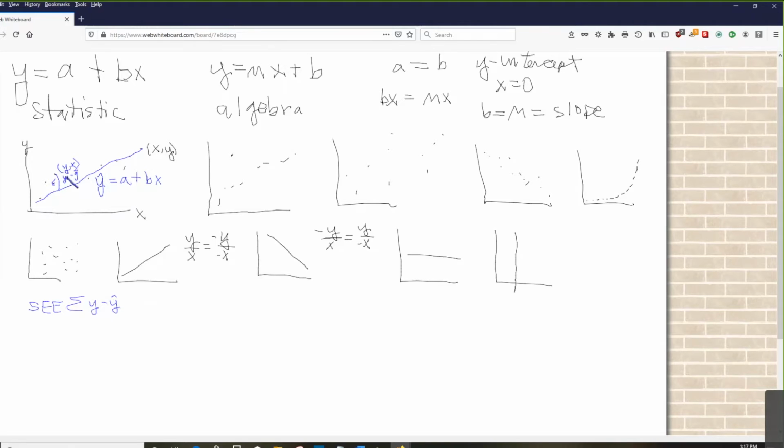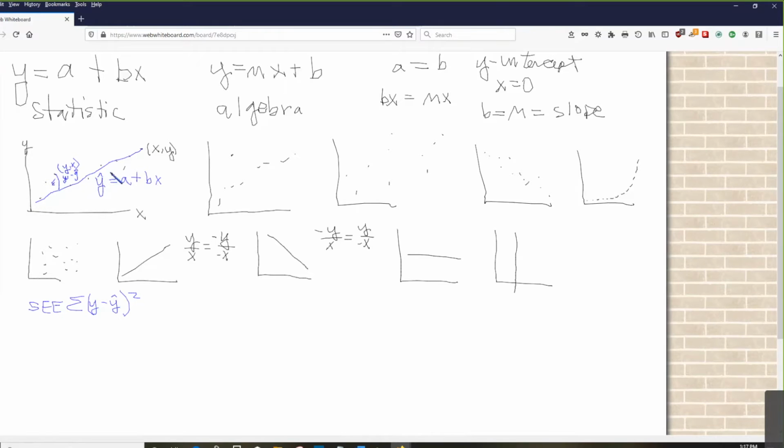So it's going to be these points minus the point on the line, squared and summed, and that's going to be all of the errors. And this best fit line is going to want to minimize that error as much as possible.